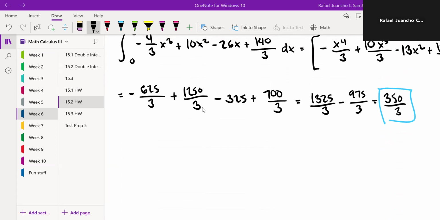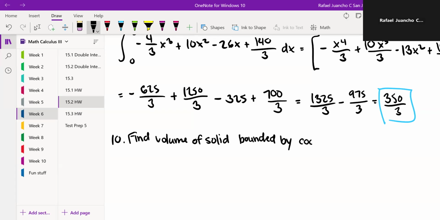Okay, let's try this. Number 10. So here I'm being asked to find a volume of a particular solid. And this solid is bounded. So here, this is where we talk about limits of integration.